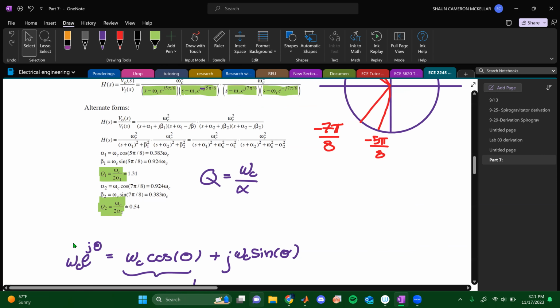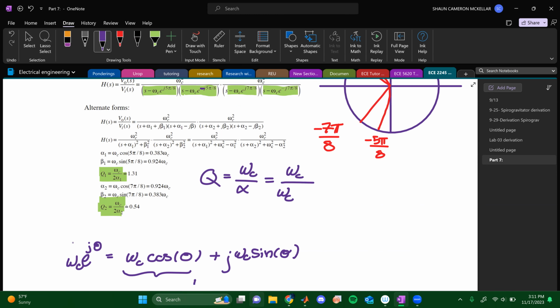But anyway, so I can see that if I plug that in, I have omega C over omega C times the cosine of 5 pi 8. If I want to write out Q1, that's going to be equal to 1.31.